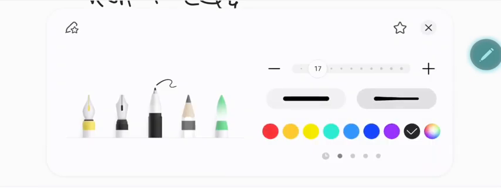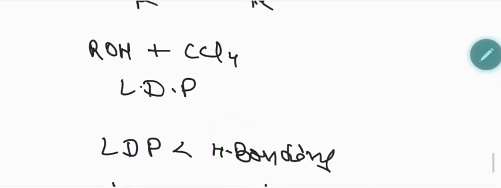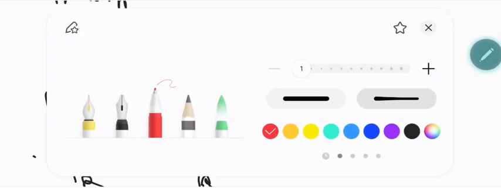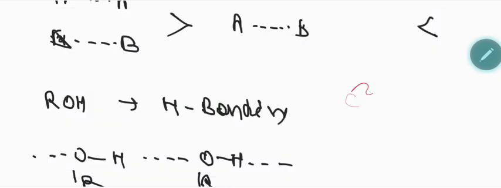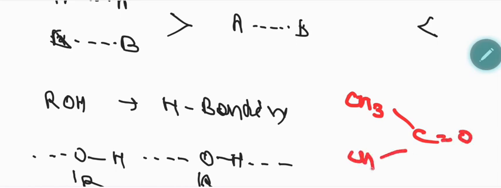On the other hand, in the case of negative deviation, you can take acetone. In the acetone molecule, there is dipole-dipole interaction because there is a delta positive and delta negative.